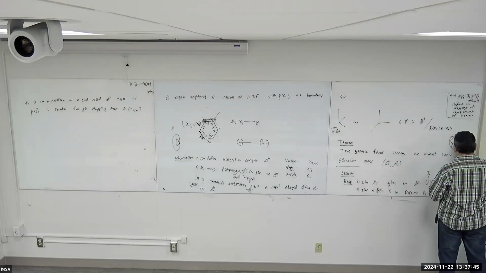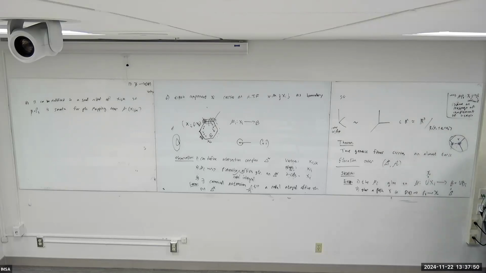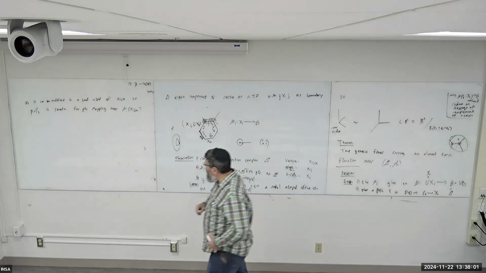So I can extend my map after making some kind of modification. It's actually smooth also for points which flow into a small neighborhood of the vertex.